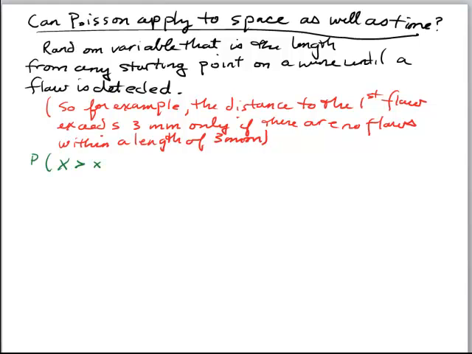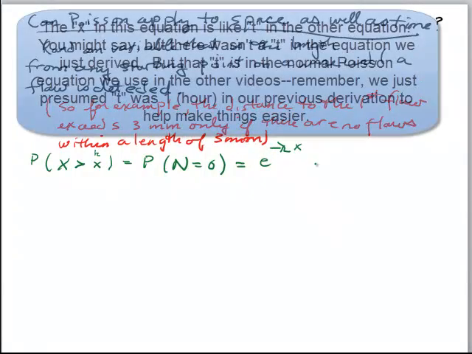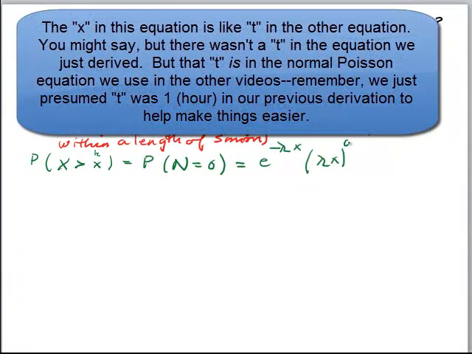So then the probability that X is greater than some set x, that's kind of like our k that we've been using before, is the probability that you've got no flaws, N is equal to 0. And so then we can say it's something like plugging in to Poisson e to the minus lambda x, 0 flaws, over 0 factorial, and that is e to the minus lambda x.